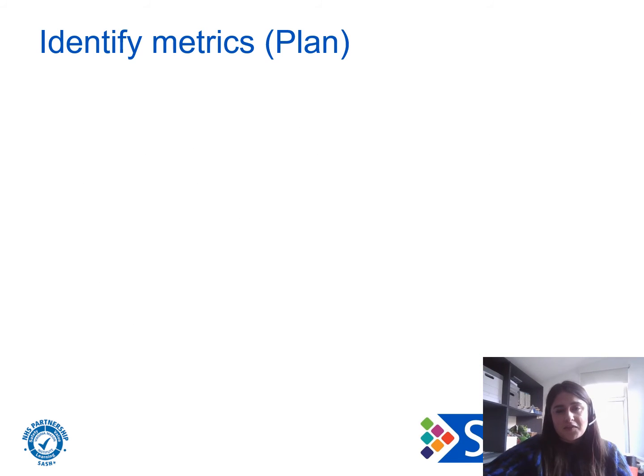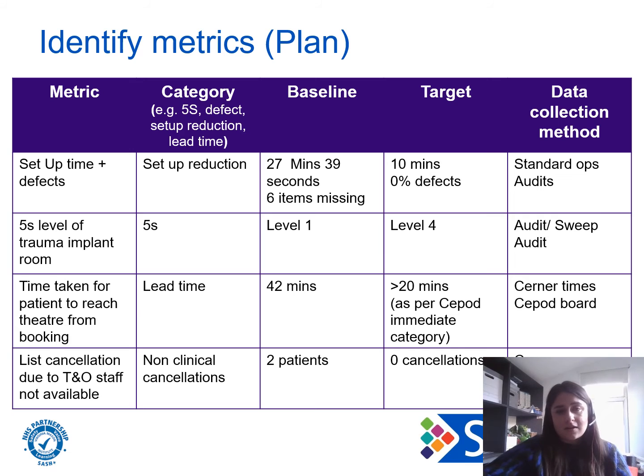Next, we look at identifying metrics to see if our planned changes have had an effect on our Gemba. So firstly, we would define the metric, capture the baseline, agree targets, and then confirm how to collect the data. Please note that data should be easy to collect, or this may impact on the success of your Kaizen activity template. So for example here, we'll go through the top row only.